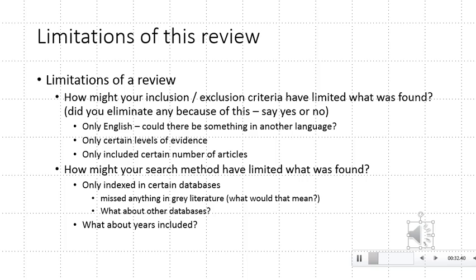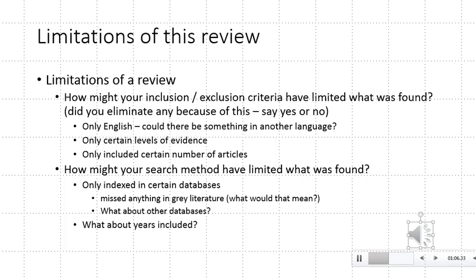So how might, for example, your inclusion and exclusion criteria have limited what was found? Maybe you eliminated some articles because of this, or if you did not eliminate any because of that, that's good to say too. For example, I think some of the articles said, the review is limited by the fact that we only included articles in English and Japanese. Perhaps there was something in other languages. However, it should be pointed out that we did not eliminate any based on this criteria.